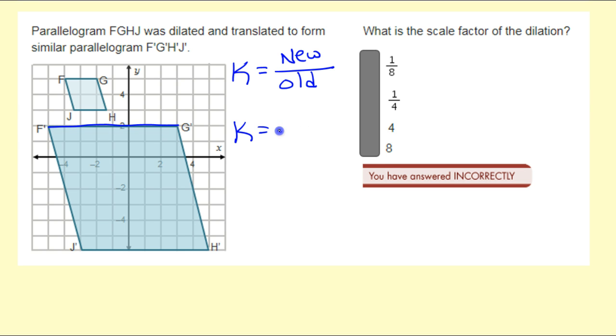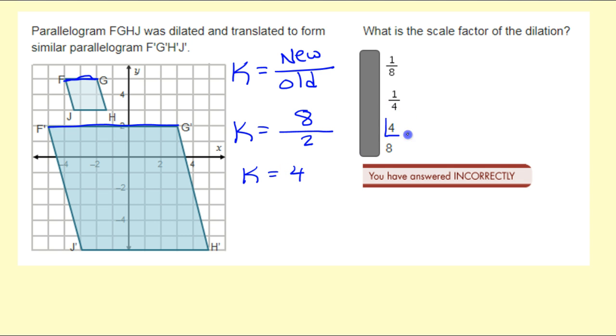That is a new length. That is 1, 2, 3, 4, 5, 6, 7, 8. And the corresponding length, fg, is 2. So that means the scale factor is 4.